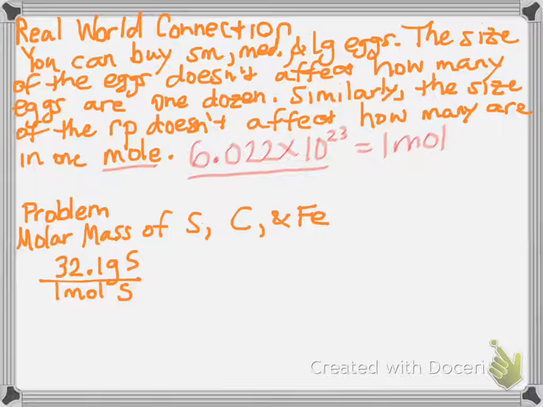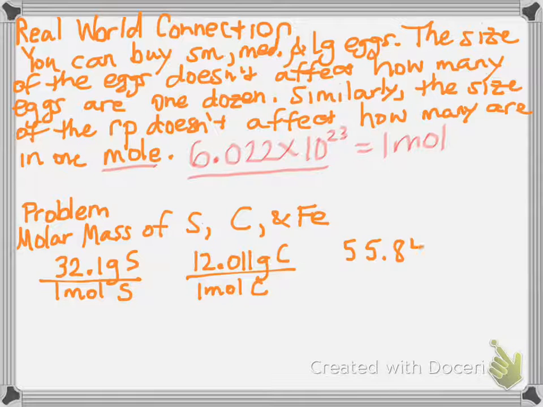So again, 32.1 comes from my periodic table, my atomic mass for sulfur. For carbon, that number is 12.011 grams of carbon for 1 mole of carbon. And lastly, for iron, it's 55.845 grams of iron for 1 mole of iron.